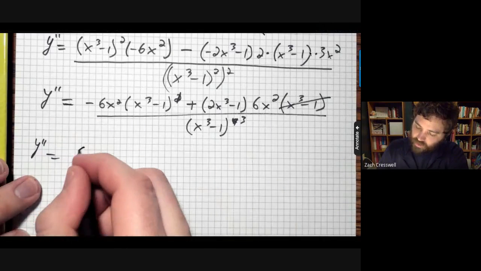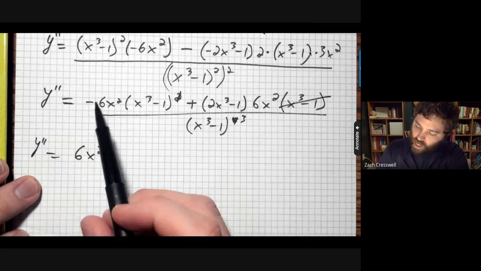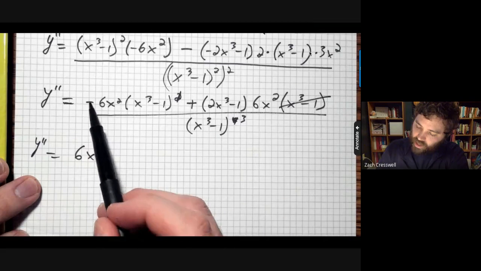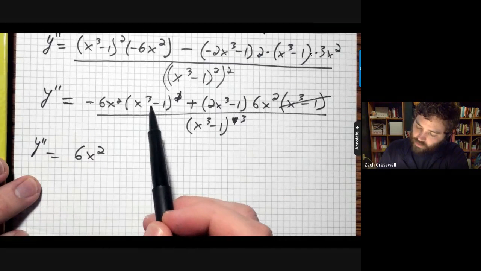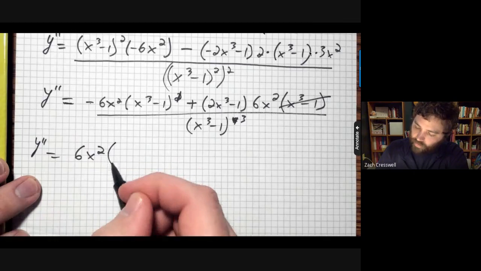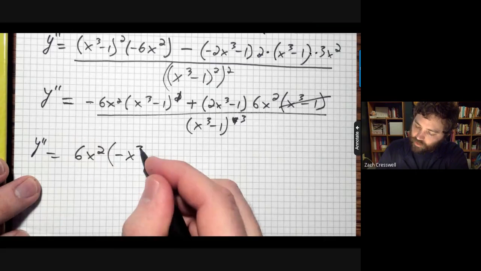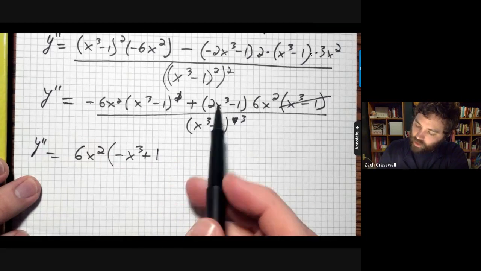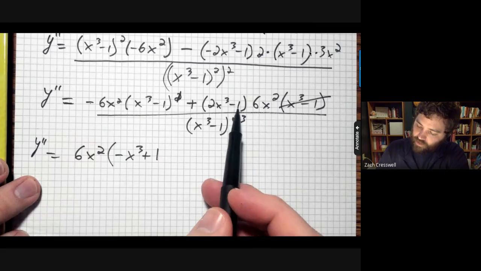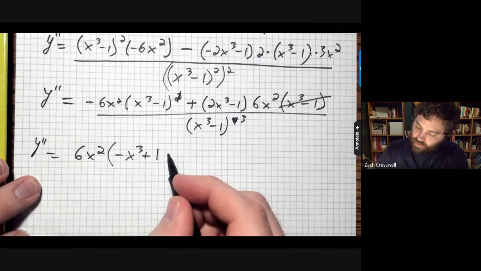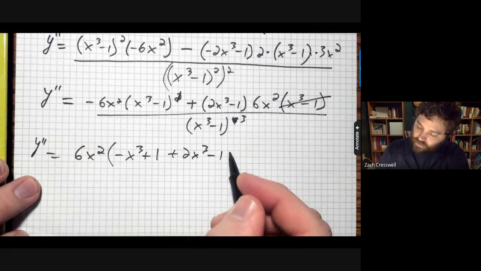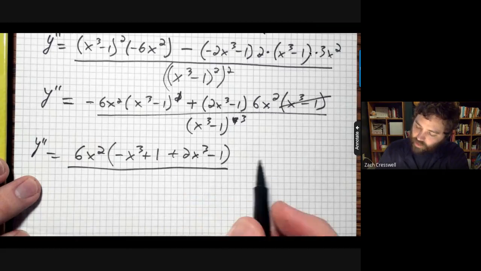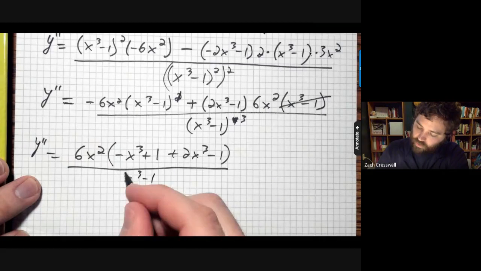That'll give me 6x squared out in front of everything. I'll be left with a negative x cubed minus 1. So if I distribute that through, I'll have negative x cubed plus 1. And then when I take an x squared out of this factor, I'll be left with 2x cubed minus 1. So plus 2x cubed minus 1. That's all divided by x cubed minus 1 to the 3rd power.